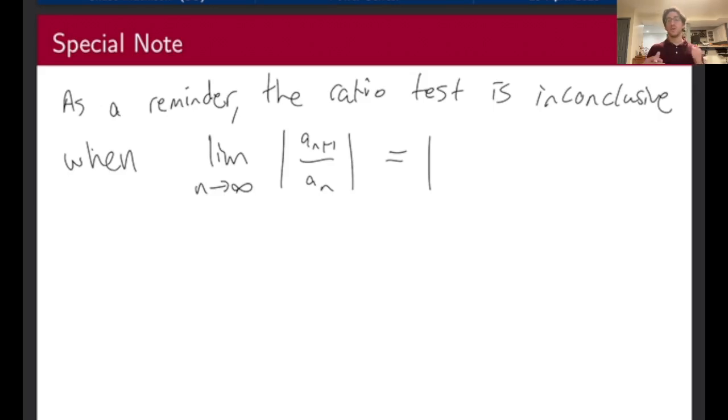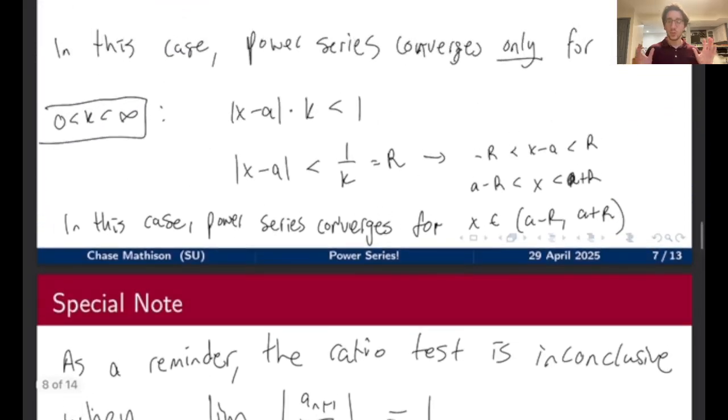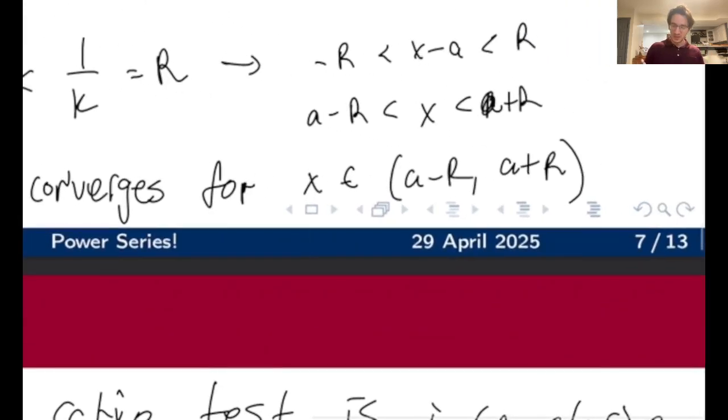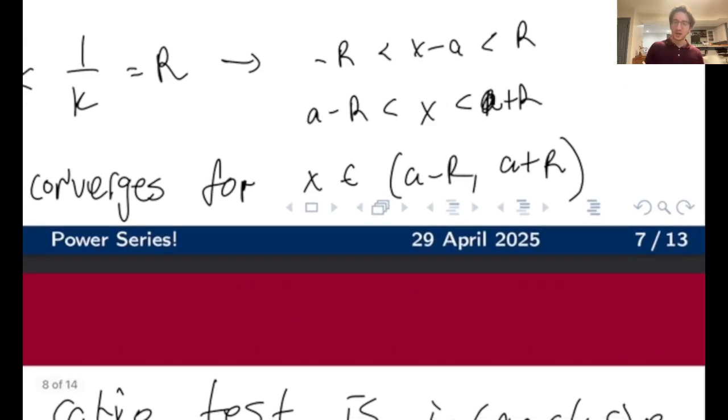So when we're looking at power series, we'll use the ratio test to figure out where the power series converges. But we do need to test the endpoints of this interval separately from using the ratio test.